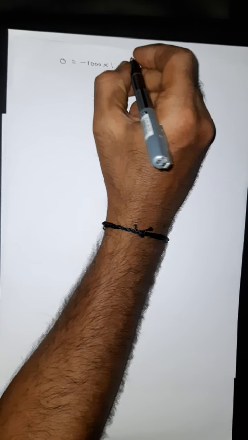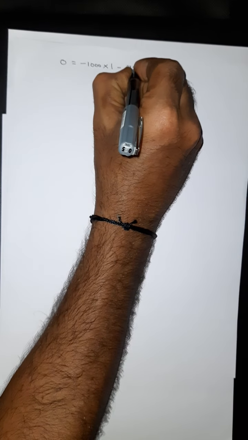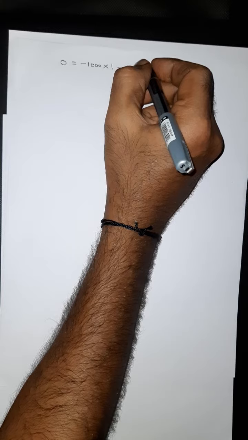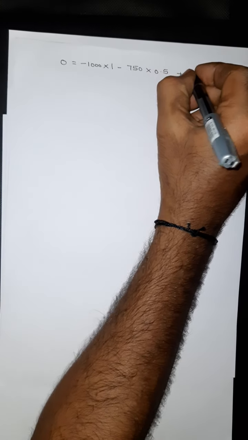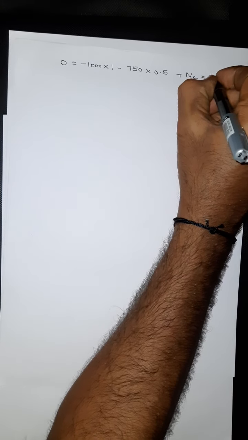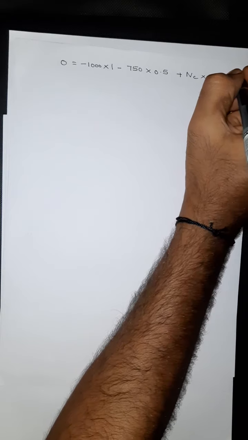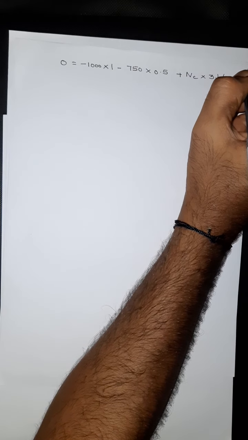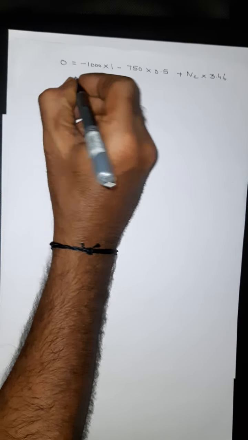AD is 1 meter. Minus 750 into AE. AE is 0.5 meter. Plus NC into BC. BC is 3.46 meter. Right. Now just multiply everything.